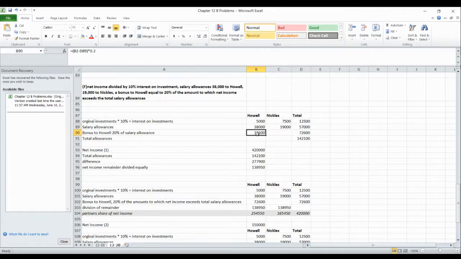The thing that is different about this particular problem from the previous one that we just did, E, is that in addition to what we did for E, we're going to give a bonus to Hal equal to 20% of the amount to which net income exceeds the total salary allowance.